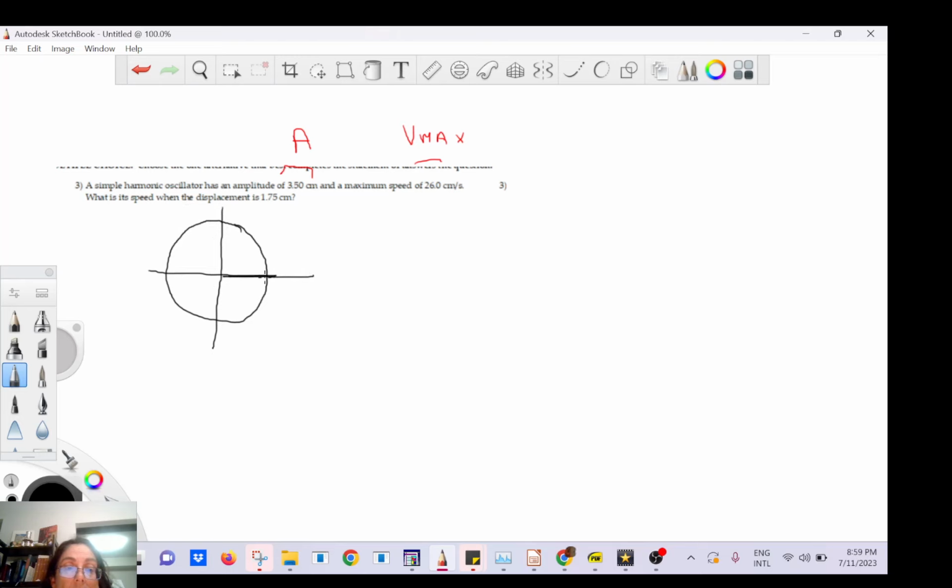So the amplitude here is 3.5 centimeter. Maximum speed here is going to be 26 centimeter per second. What is its speed when the displacement is 1.75? So maybe it's going to be somewhere, this is 1.5. So somewhere here.